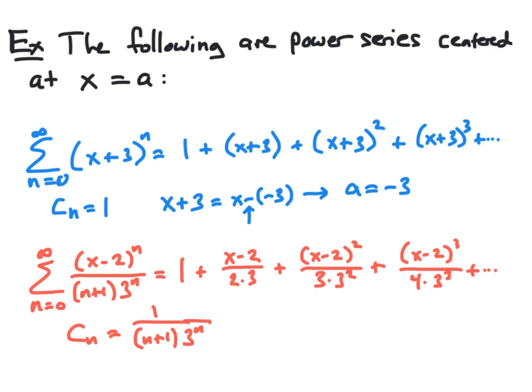So this is the number that we're multiplying (x minus 2) to the n by in order to get our terms. Also, the term that we're raising to the power that involves the variable is x minus 2, and so we see that our center here is positive 2 because our expression already has the form x minus a constant, and that constant turns out to be the center of our power series.